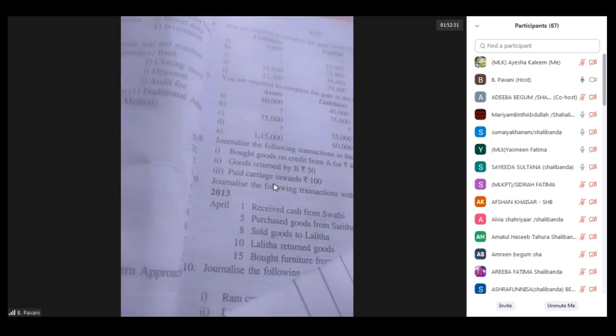Finished? Yes. The next is interest receivable. Ma'am, amount for this? The amount is 2,000. The next is interest receivable. What is the entry? Interest receivable is nothing but an income. So the entry is: Cash account debit to interest receivable account.